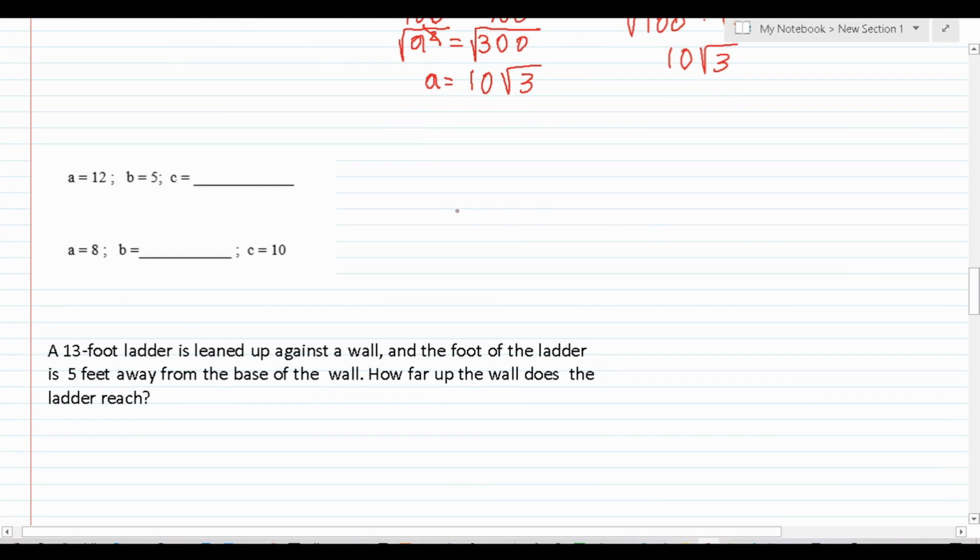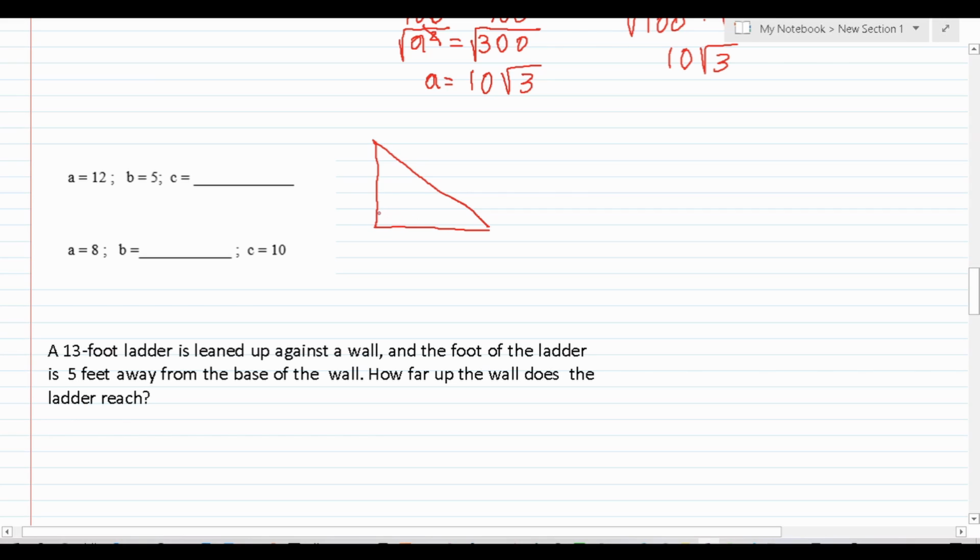All right, so on the ASVAB, you may be given just 3 parts of a right triangle and be asked to solve for the missing part. So let's go ahead and do 2 examples of that. Again, in this case, we're going to have to draw our own right triangle if it's helpful.